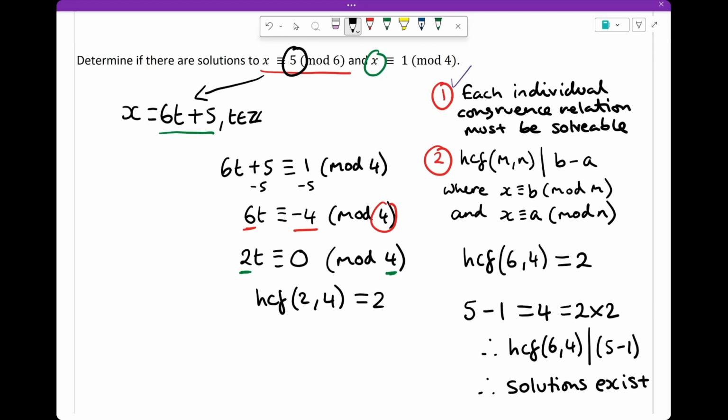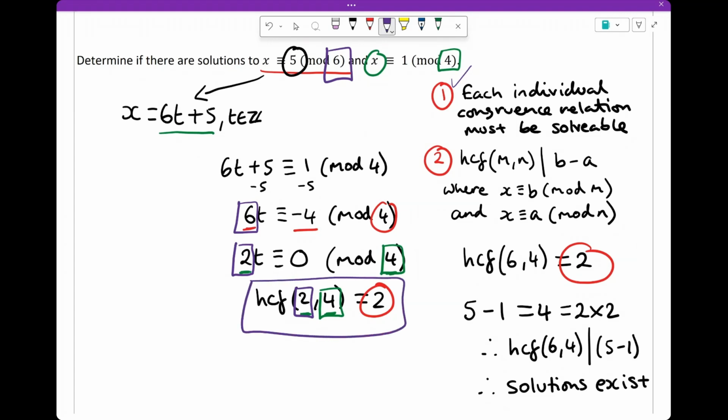So I've ended up with the same value here as I had over here for the highest common factor, which is logical, because this 4 is just the mod from the initial question, and the 2 comes from the 2 multiplying the t, which is just a reduced version of the 6 multiplying the t, the original mod in the question. So logically, the highest common factor here should be the same as the one I had from the mods over here.